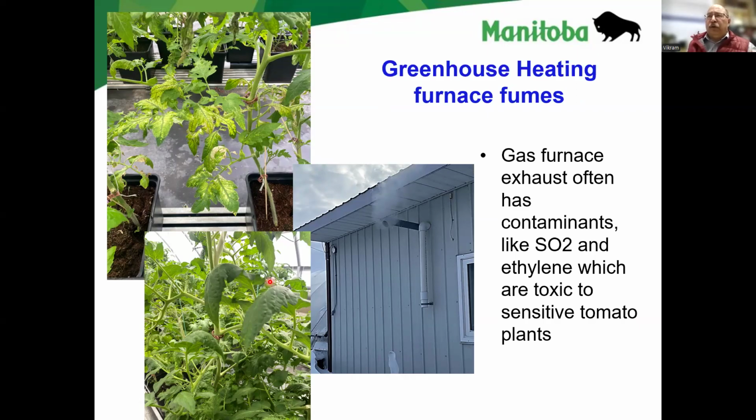The plants have grown very well. Sometimes they are curled up like this, and they have intervenal chlorosis. That is, they are getting lighter color between the veins. That is because of sulfur contamination in the greenhouse, sulfur dioxide, and this downward cupping is because of ethylene in the greenhouse. Tomatoes are extremely sensitive.